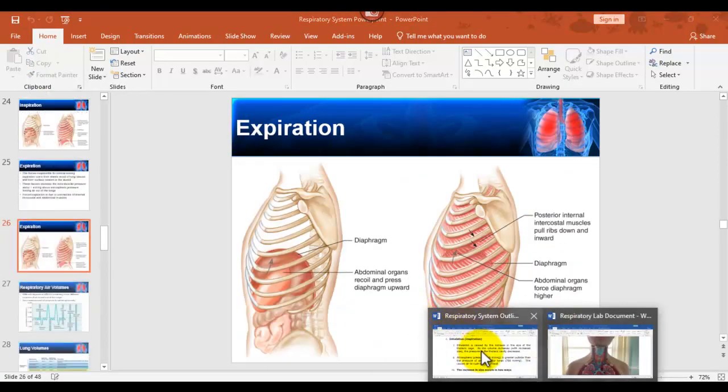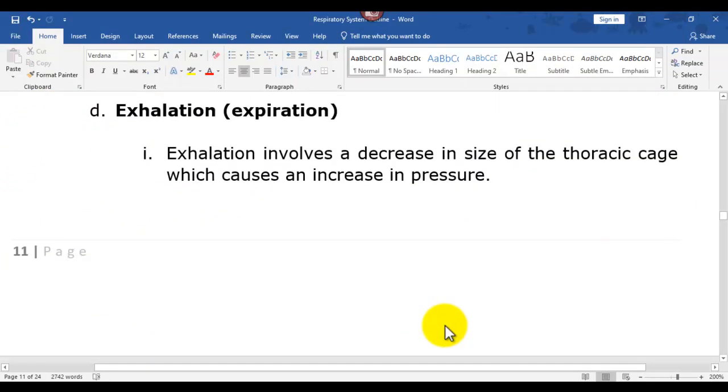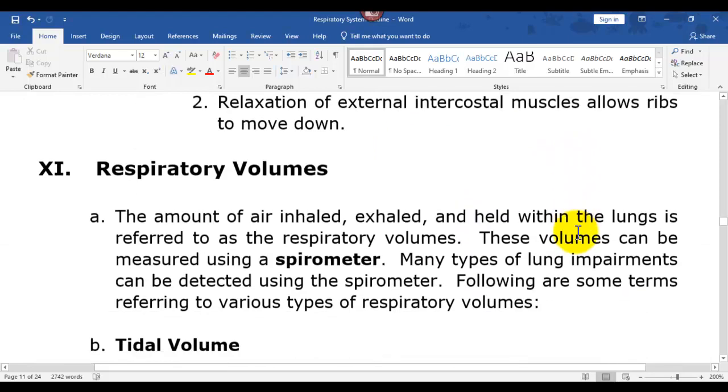Now, expiration is pretty easy. If you've ever dealt with lungs in our lab, we have pig lungs. They're very flexible. So expiration, or exhalation, is passive.